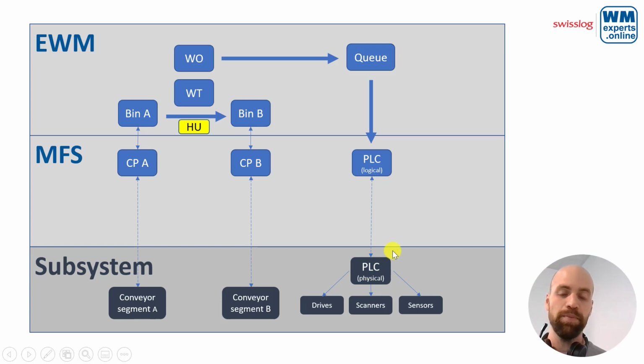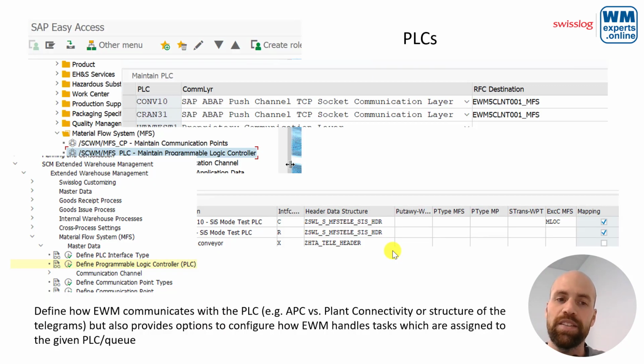And when I say mapped, it means the details of the physical PLC are saved in EWM. And this is, again, something which is defined as master or application data and then enriched in the customizing.